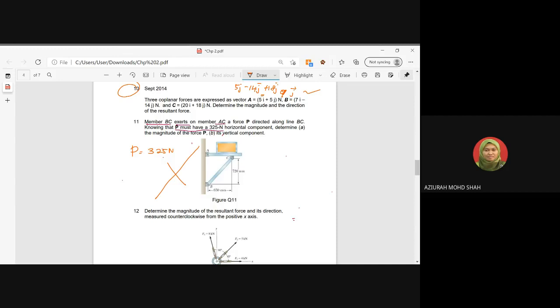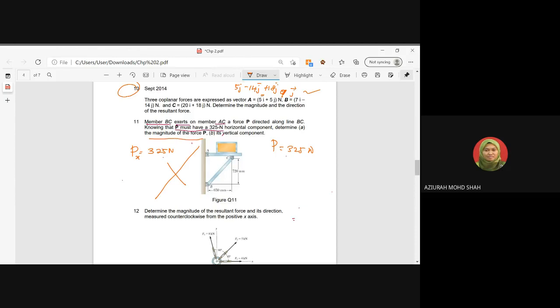So you look carefully for this statement, knowing that P must have a 325 Newton horizontal component. What does it mean? X component. Yes, so it should be written like this. Px is equal to 325 Newton. So you don't get confused. If you put P is 325 Newton, it shows that this is the resultant.